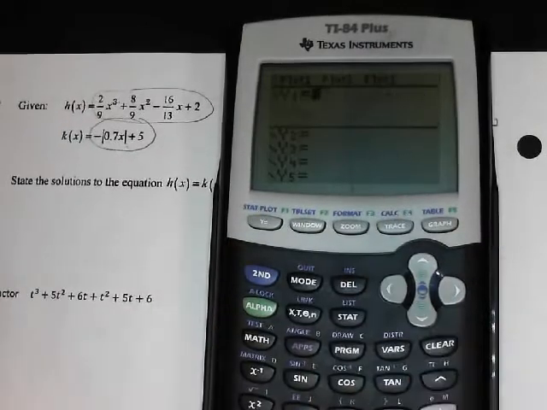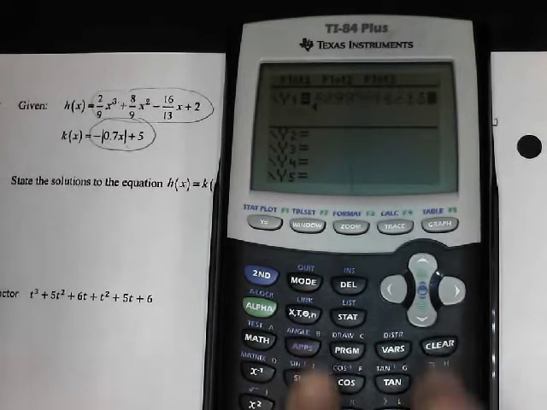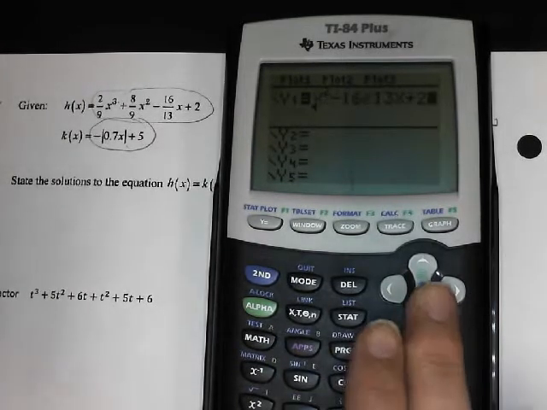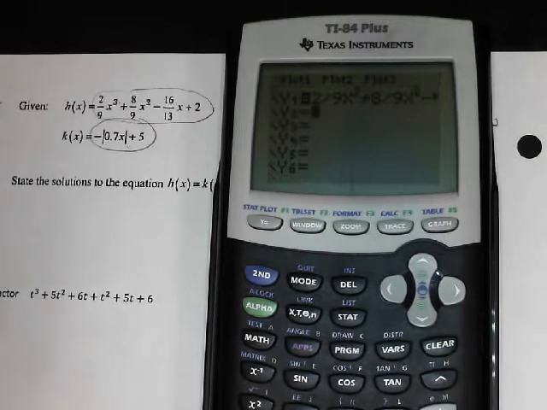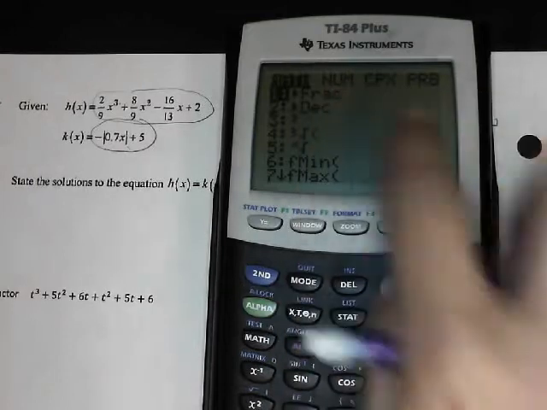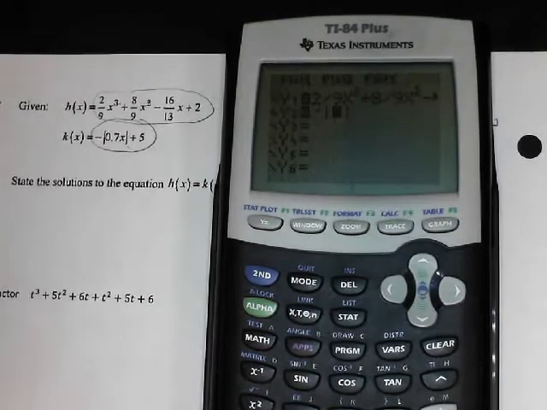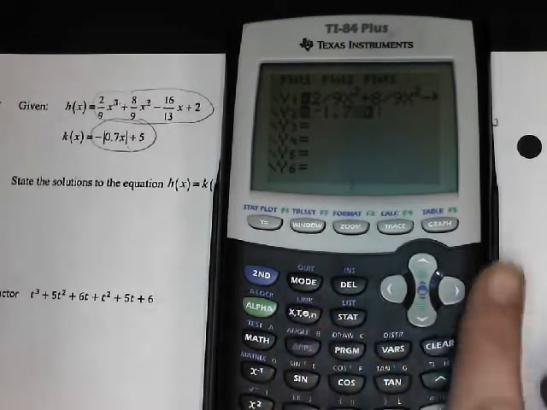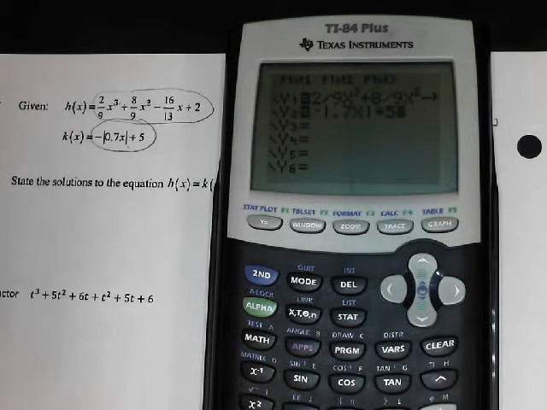So y equals, and into my left graph, 2/9 x to the third plus 8/9 x squared minus 16 over 13x plus 2. And my second equation, negative, the absolute value is under the math function, under the number title, absolute value, 0.7x, get out of the absolute value, plus 5.